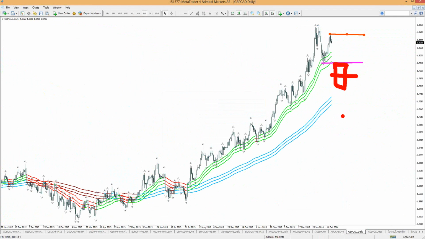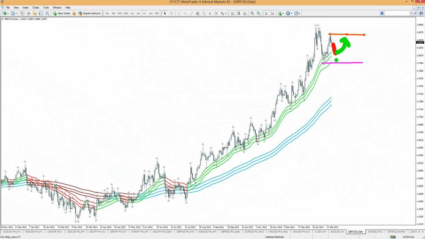If we move down here, bounce off green, and don't break magenta, there could still be uptrend continuation potential. The confirmation of that will be a break above orange at the moment, and of course above this top. But for the moment, orange, I would say.